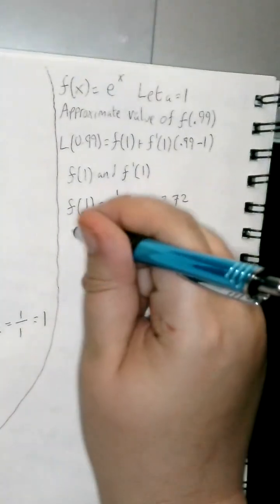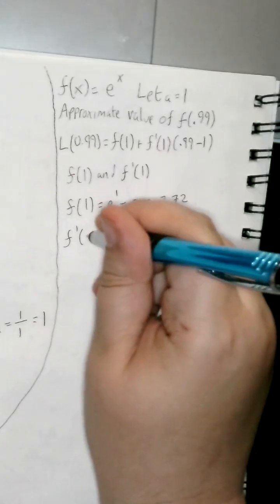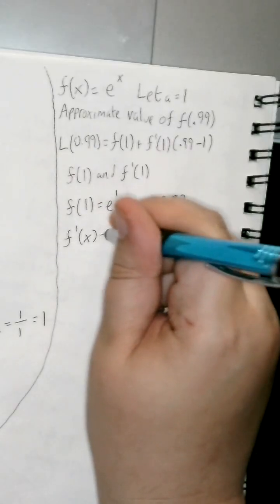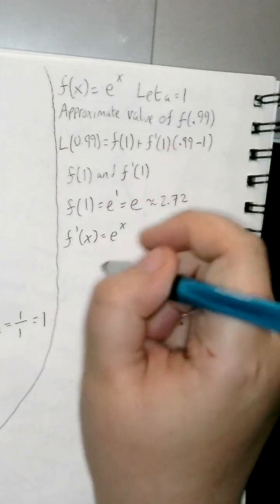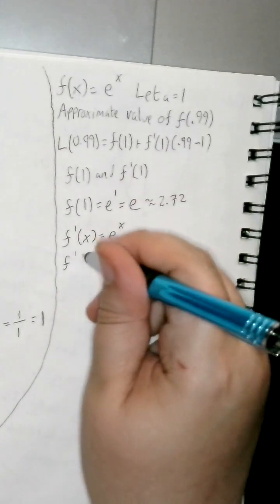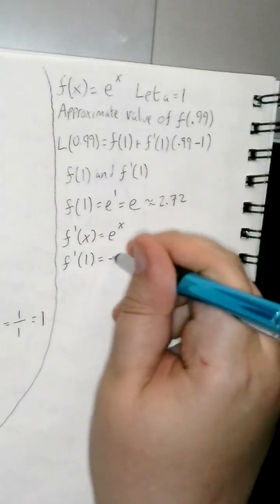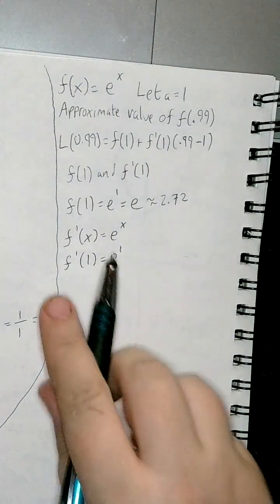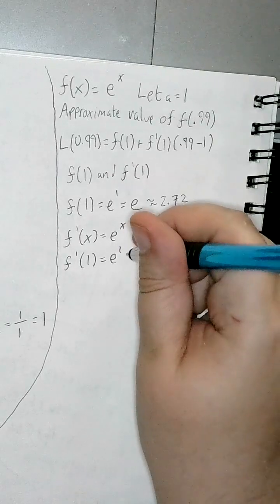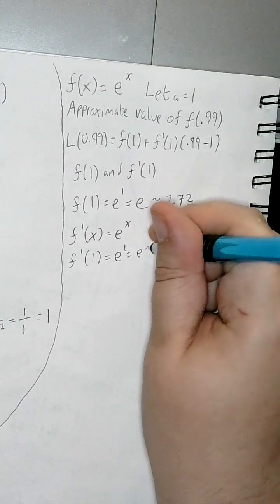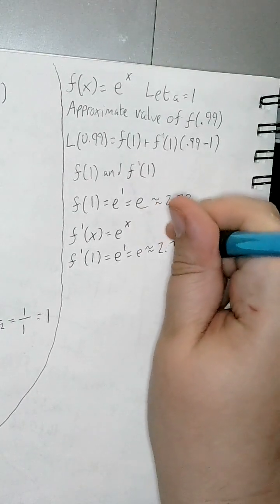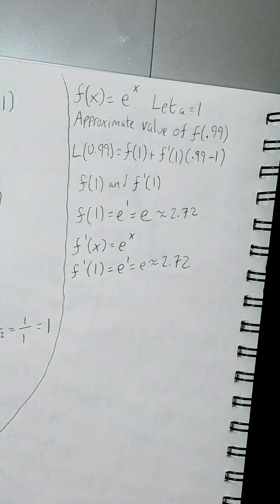So f prime of x is going to be e to the x. And so f prime of 1 is just e to the first. Well, we already found that, right? So it's going to be approximately 2.72. So here we go.